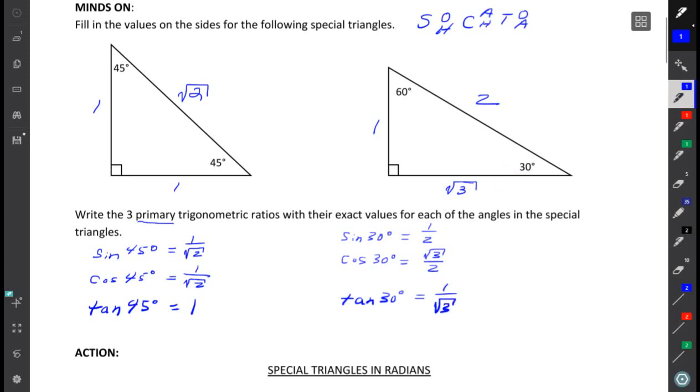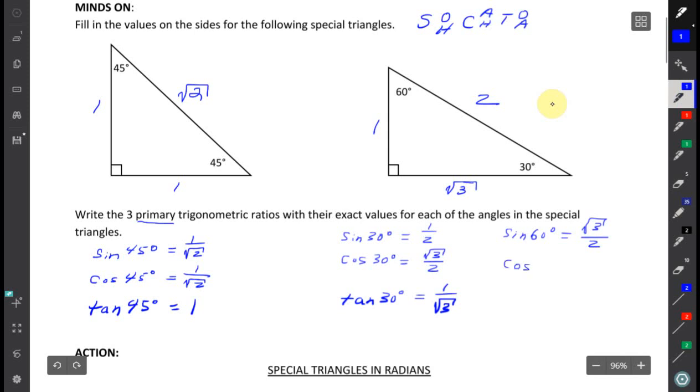Going on now to the 60, which is over here. And you may be familiar with the fact that by switching to this other angle now, the two ratios, sine and cos, are going to switch because of these sides switching places in terms of which is the adjacent and which is the opposite. The sine of 60 degrees is equal to the opposite over the hypotenuse.